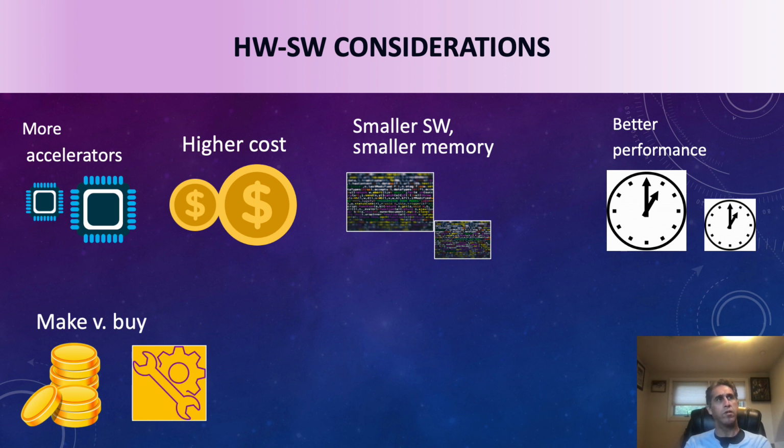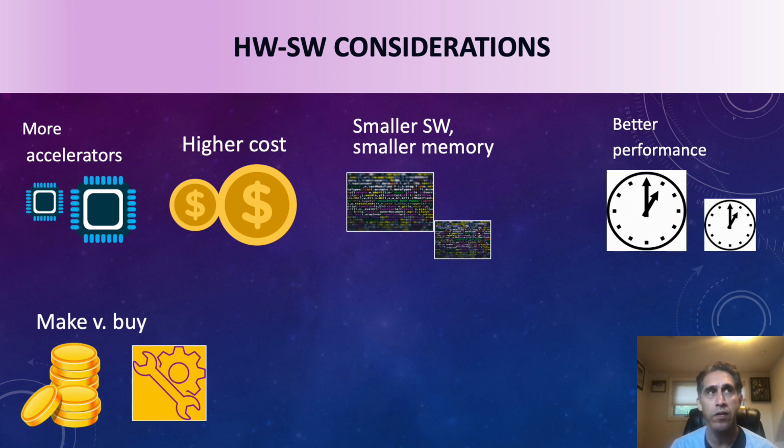Obviously, the more accelerators you add, the more hardware, the higher the cost for hardware, and then you have less software, basically. So you have more stuff to do in hardware, less stuff to do in software, which means you need less memory to store all that software and run it.